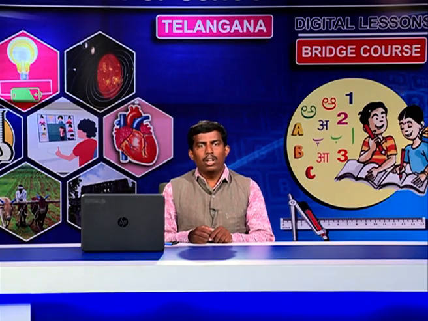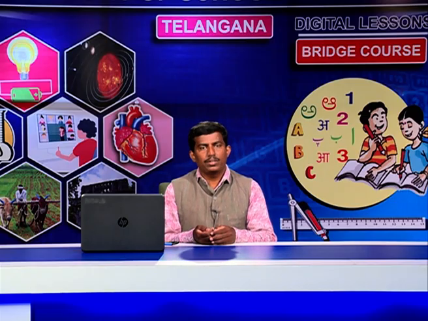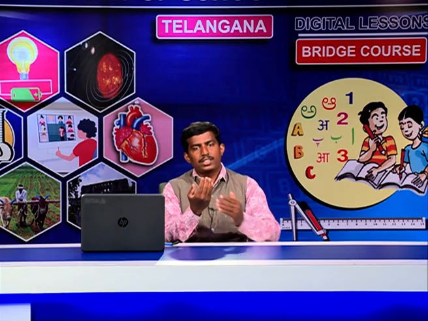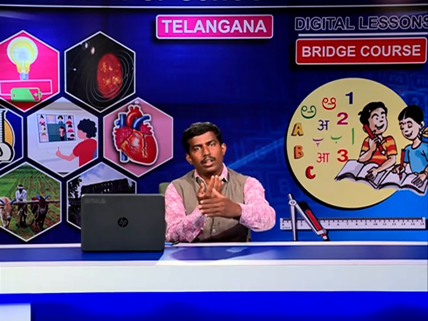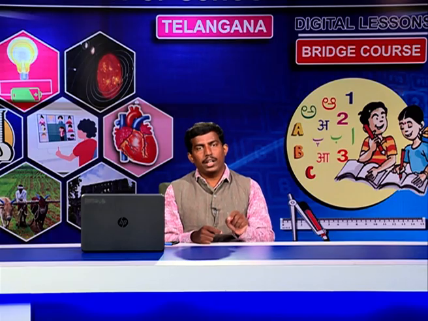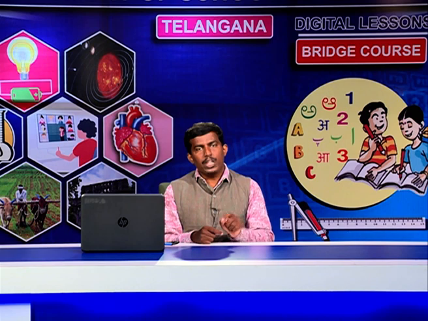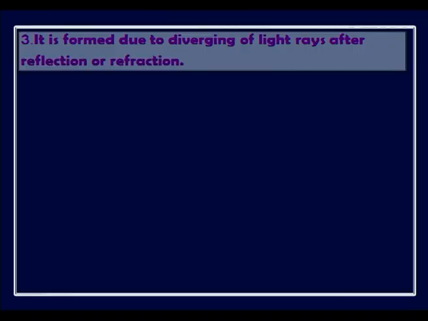When we observe our image in the plane mirror, we can see it, but if you place a screen behind the plane mirror, we can't get the image on the screen. A virtual image cannot be obtained on the screen. An example of a virtual image is the image formed by a plane mirror.